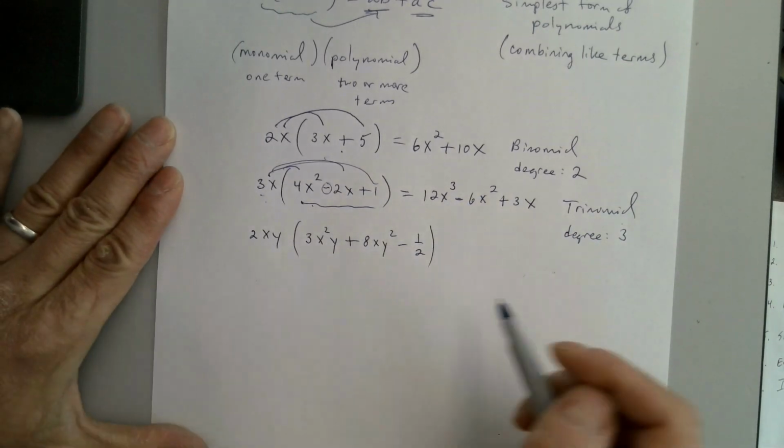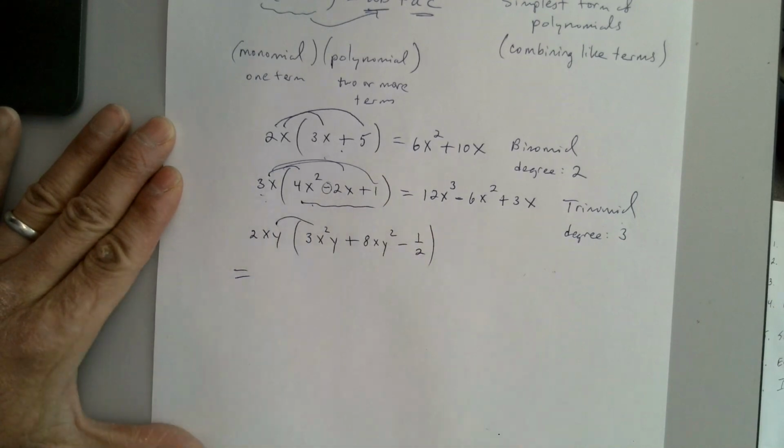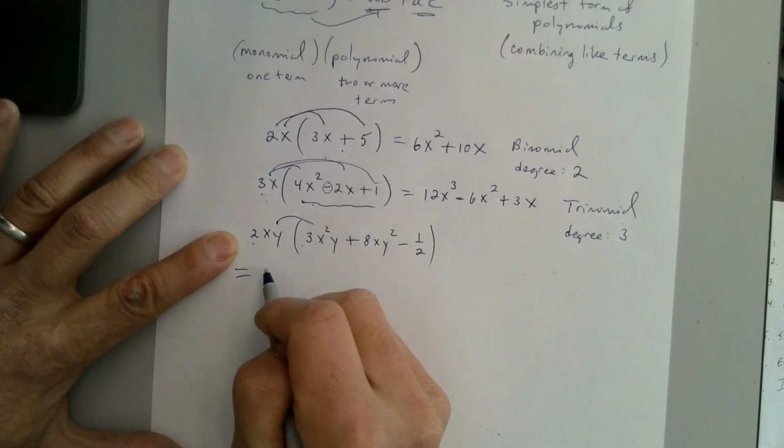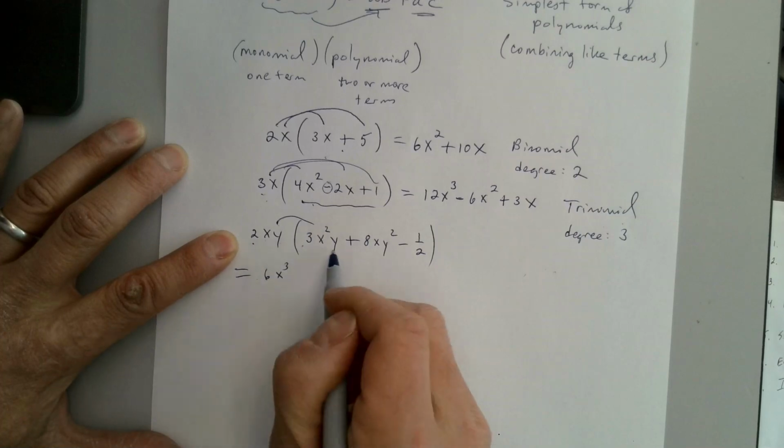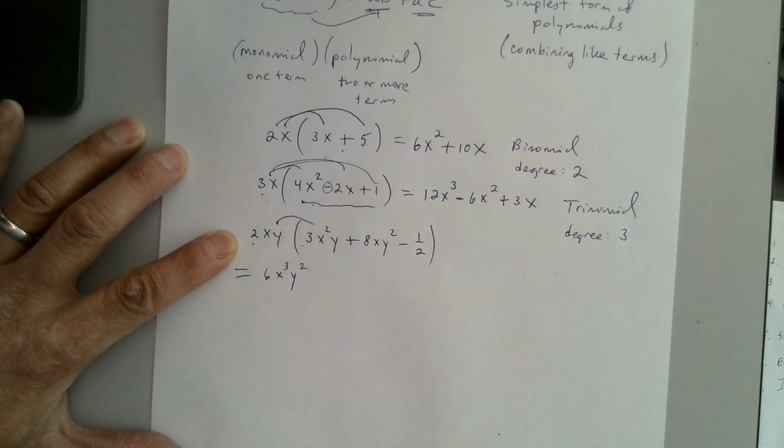So I'm going to distribute that 2xy here first, multiply the coefficients, 6, and then the x's, x cubed, and then the y's, y squared.